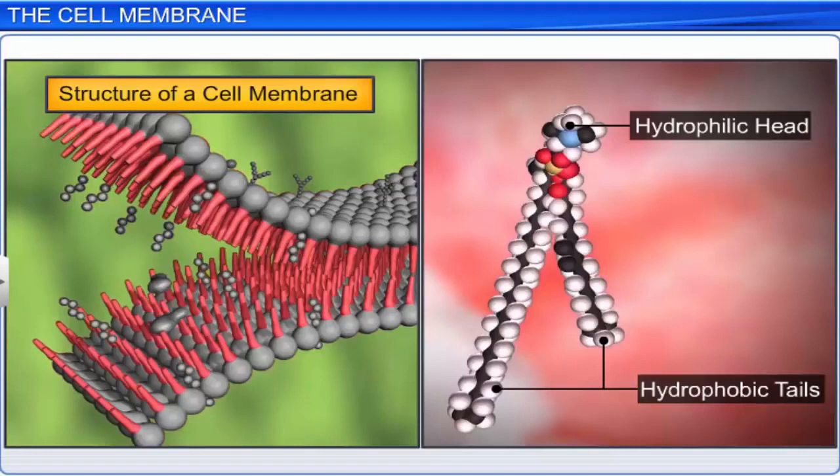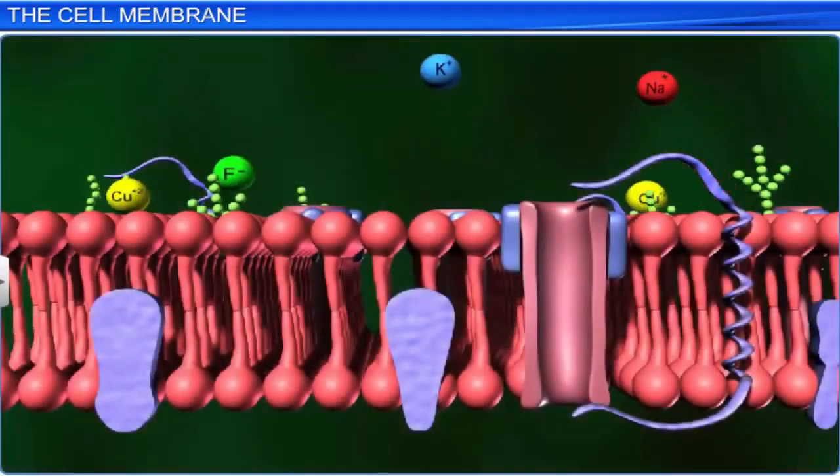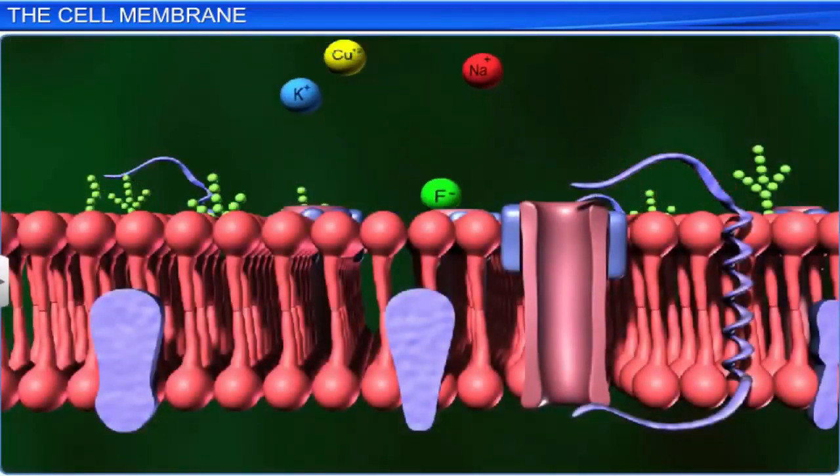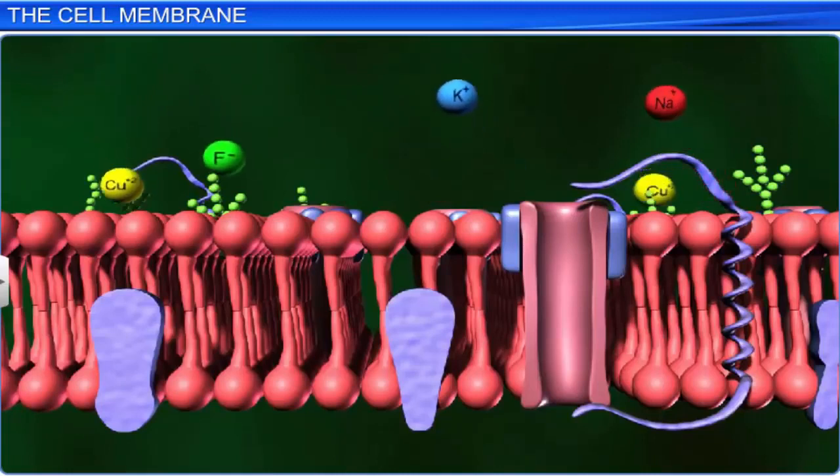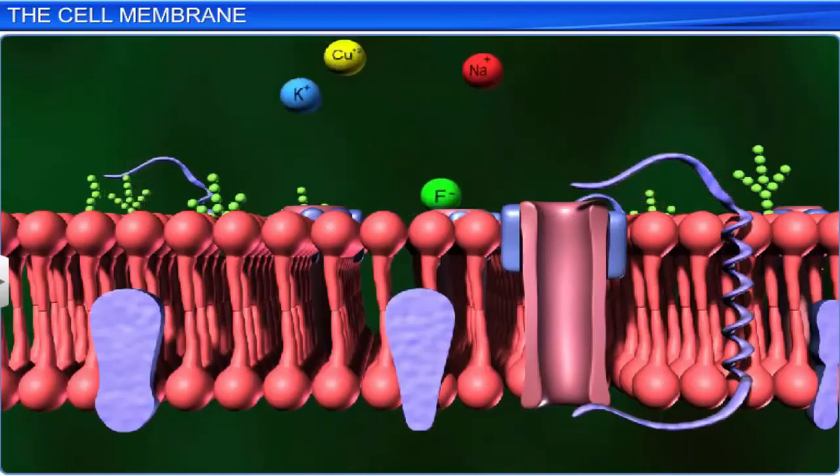Such an arrangement not only protects the tail from the aqueous environment, it also prevents polar molecules such as nucleic acids, proteins and ions from diffusing through it.